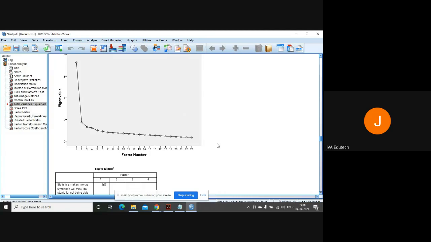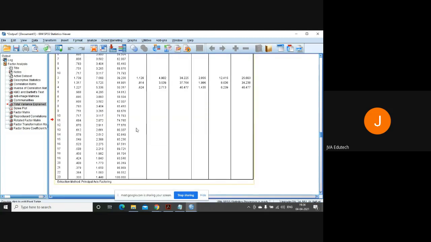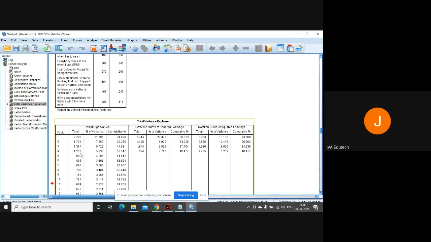But given the large sample size and since it is supported, let's keep 4 factors. Are you getting my point? Yes, sir. If you want to leave it at 2 factors, that's also okay because the inflection is happening at 2. But if you are getting eigenvalues more than 1 till the 4th factor, then for the safer side, keep the 4.